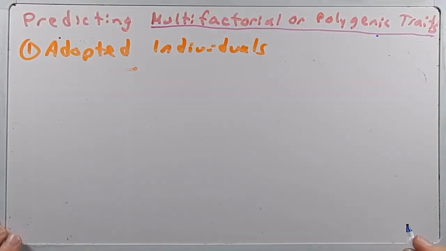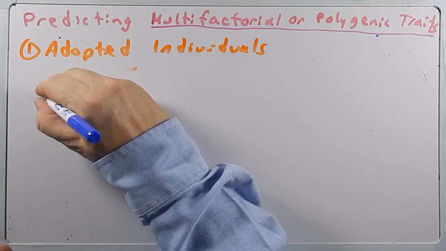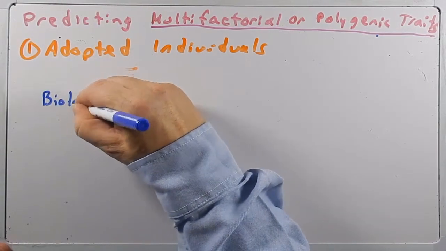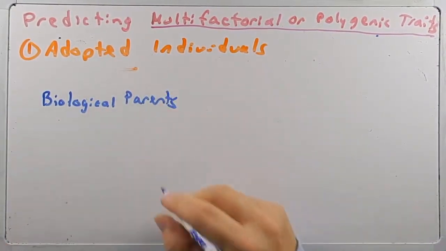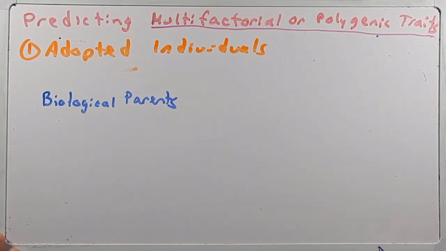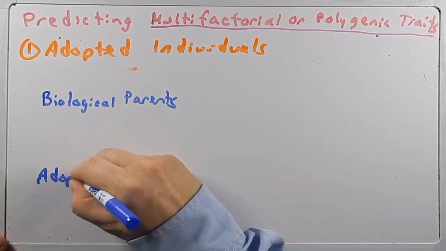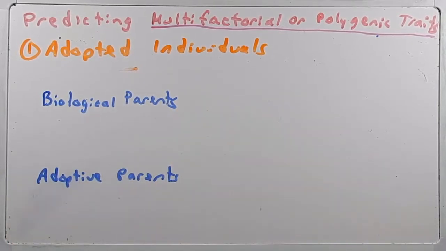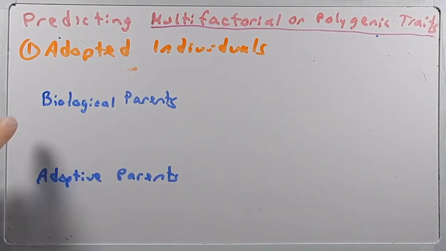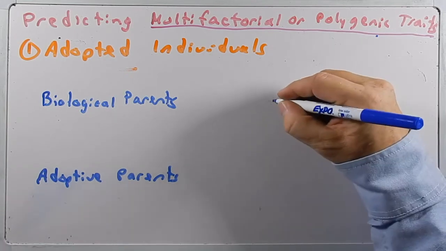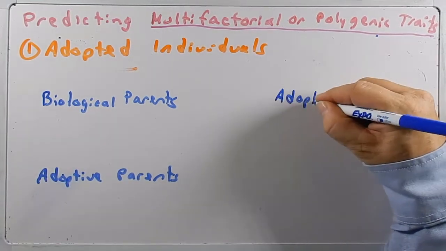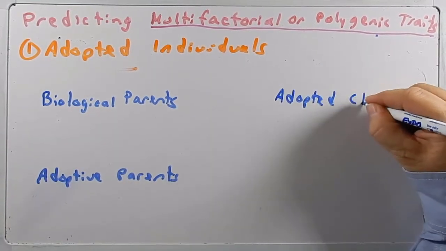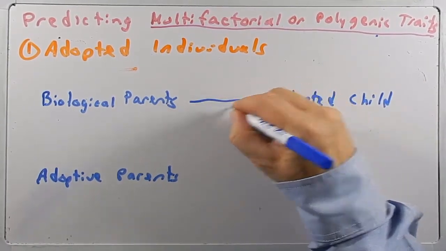As we begin this discussion, let's consider the biological parents. These are the parents who placed the child for adoption, and the adoptive parents. These are the parents who took this child into their home and raised them. Now, by studying the biological parents and studying the adopted individual, so the adopted child here, we should consider these two things.